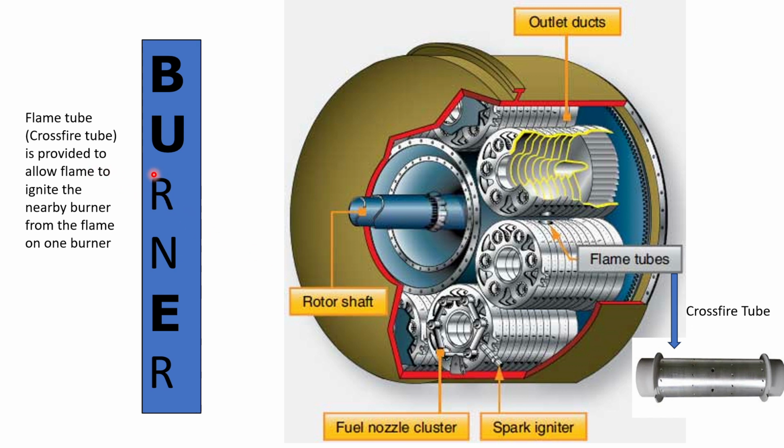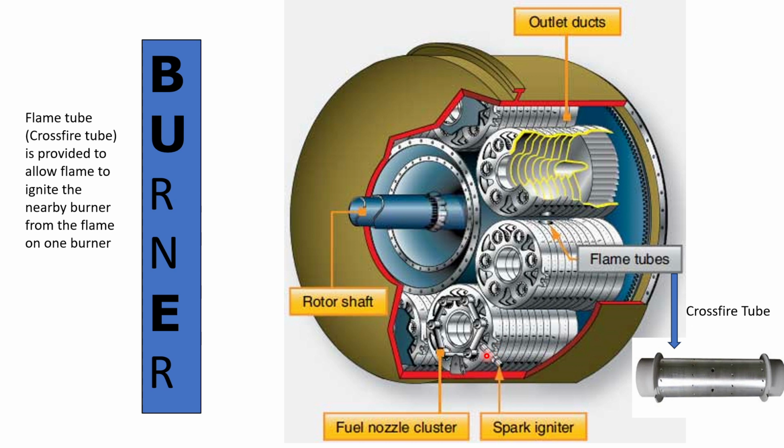All these are the burners, and here there is an opening where the cross fire tube is provided, because normally it has only 2 igniters and the flame is passed from one burner to the other burners through the cross fire tube.